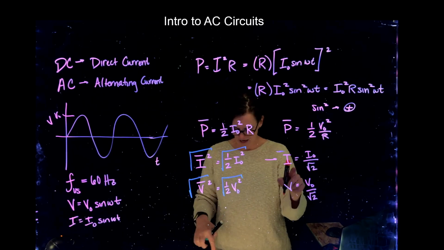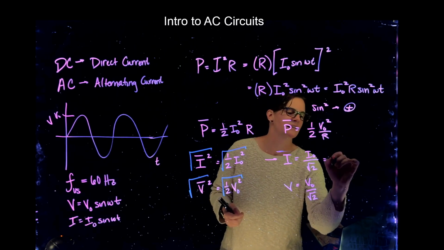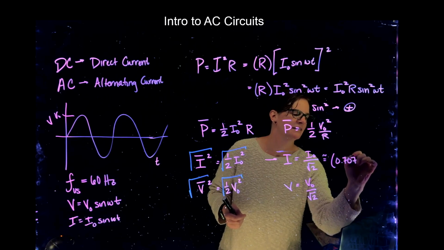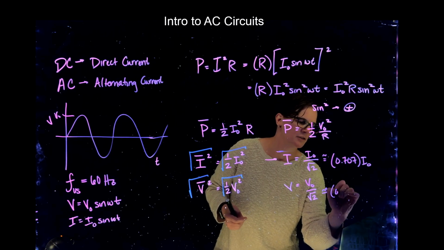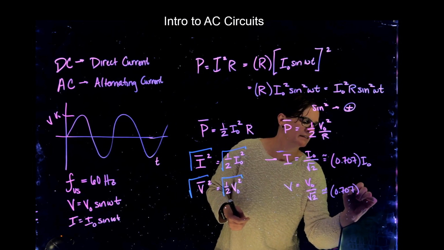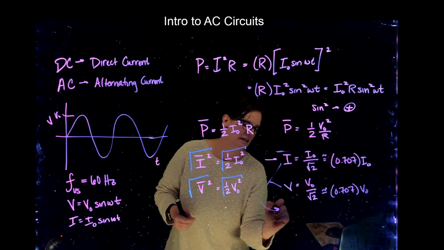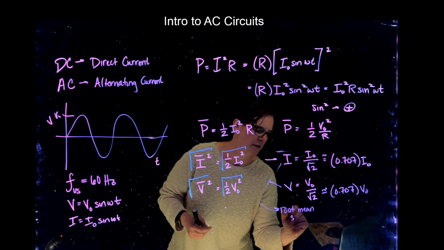We have a name for this value. I'm going to rewrite it as about 0.707 I naught, and this is about 0.707 V naught. We call these two things the root mean square.